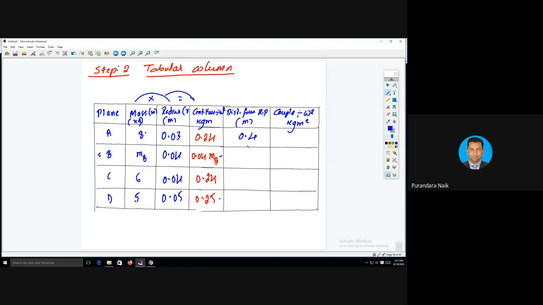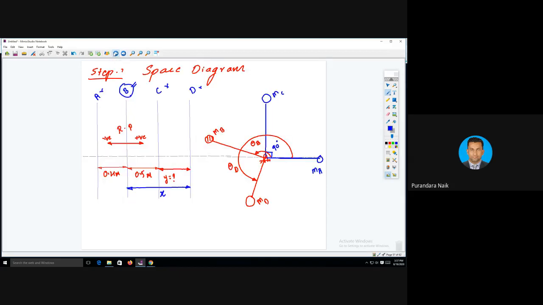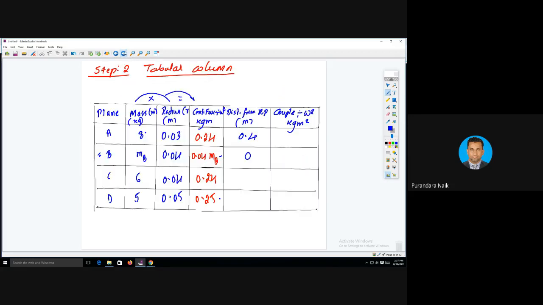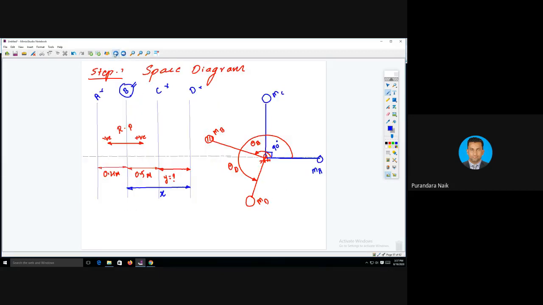The distance between the reference plane and B, B itself being the reference plane, is 0. Next, the distance between the reference plane and C is 0.5. Now, the distance between the reference plane B and D is not directly given, but we have assumed it as X.